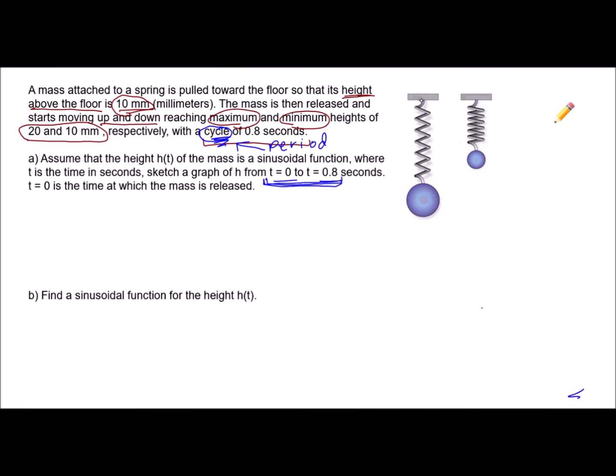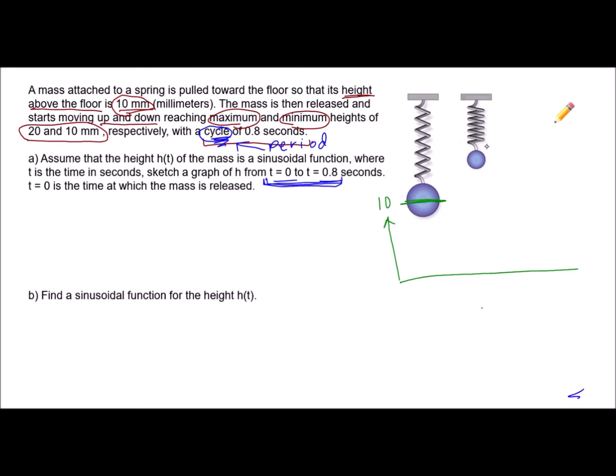This spring is being pulled down. See how the spring is kind of expanded out to where right here is 10 millimeters from the floor, right? Then it's released and it bounces up and bounces down and keeps bouncing up and down.